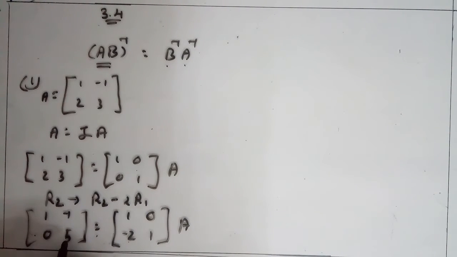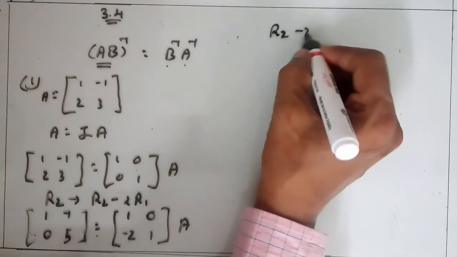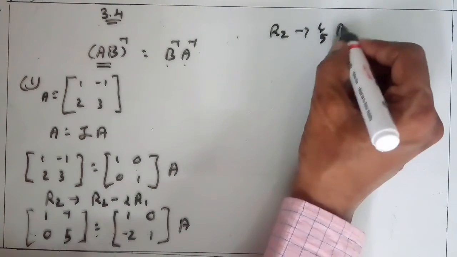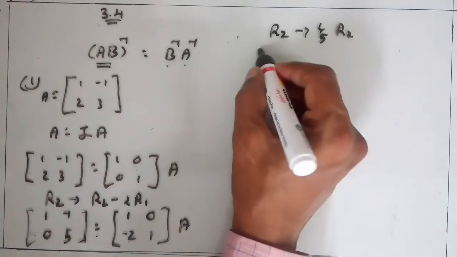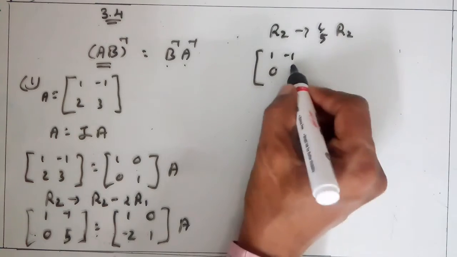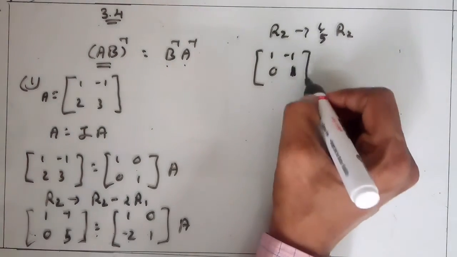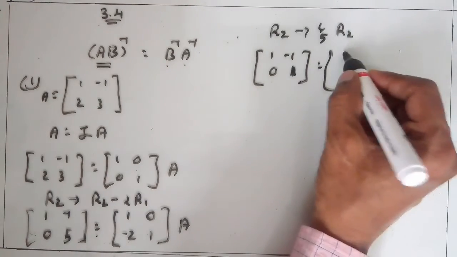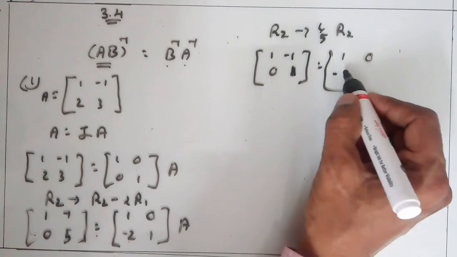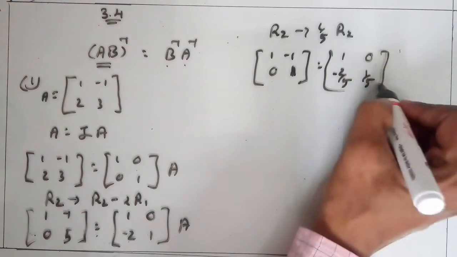Now here we get a 1, dividing each entry of the second row by 5, that is the second row implies 1 by 5 R2. Applying this operation, we get 1, minus 1, 0, 1 on the left, and on the right 1, 0, dividing by 5, so 2 by 5 and 1 by 5, into A.